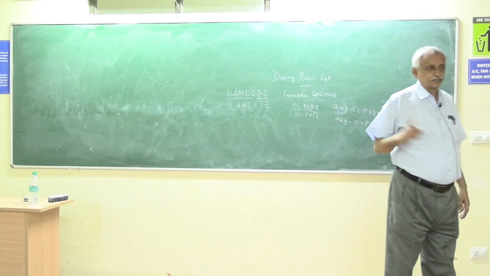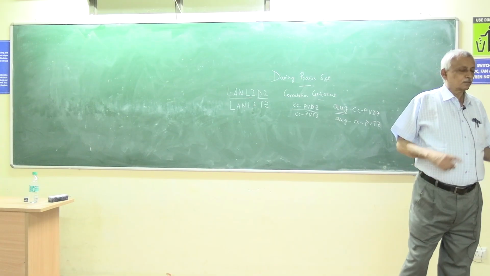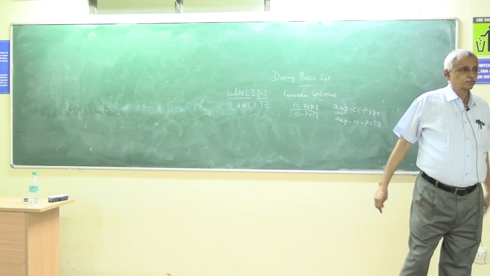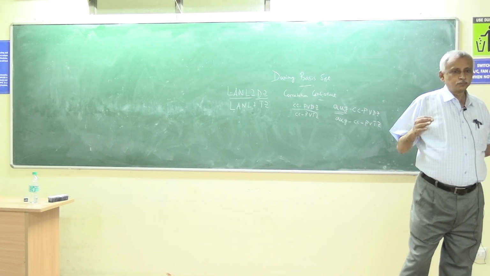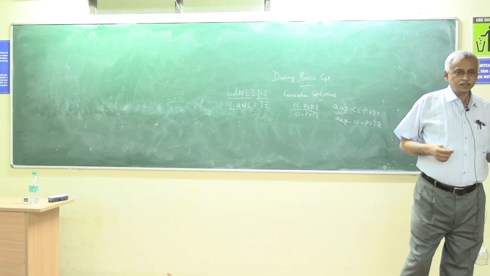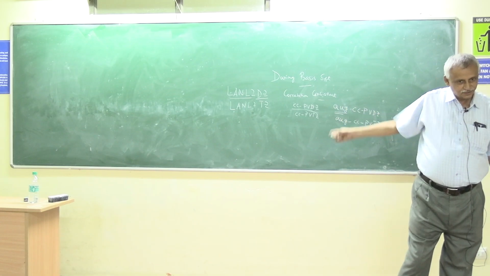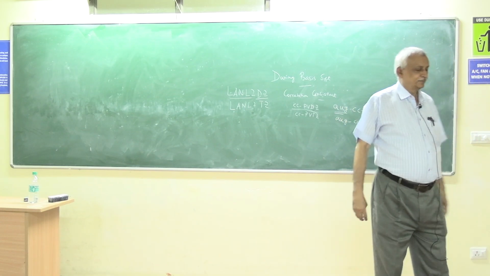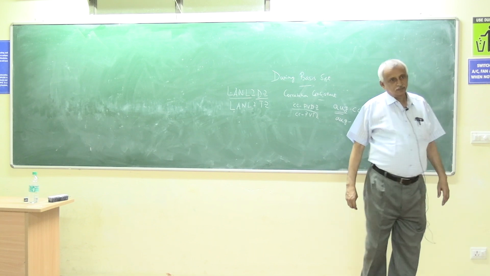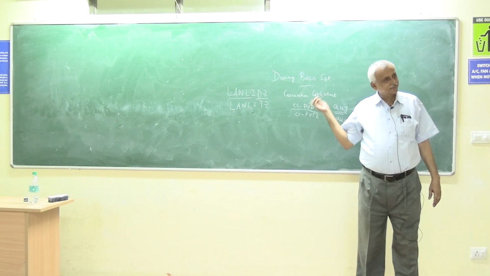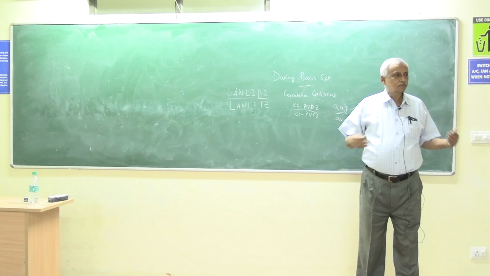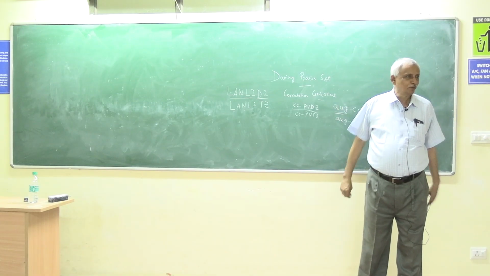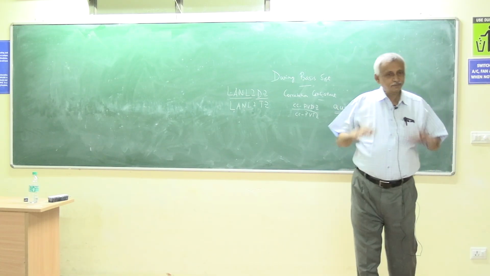Actually, I had been to that place. This is the place where the Manhattan project, the two bombs which were dropped on Hiroshima and Nagasaki, were built, in this Los Alamos National Lab. So they were talking about uranium, heavy elements.